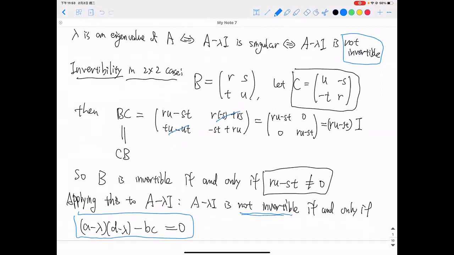Again, according to the discussion we just made, the matrix A minus lambda I is not invertible if and only if lambda satisfies this equation.